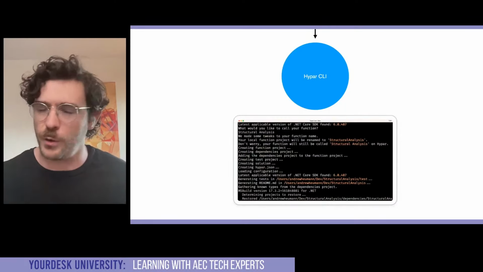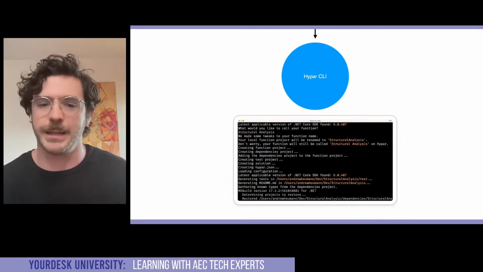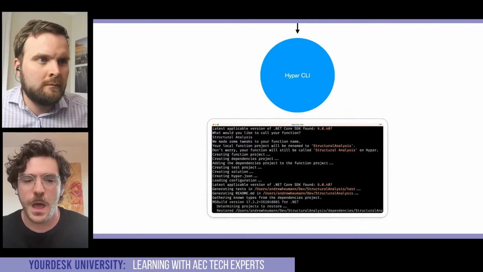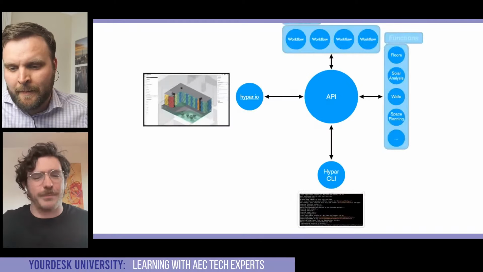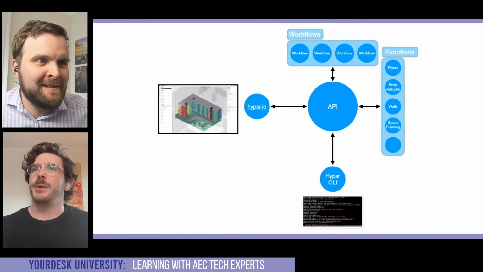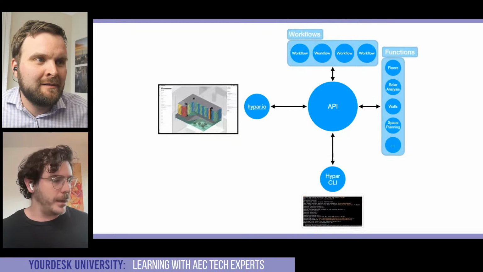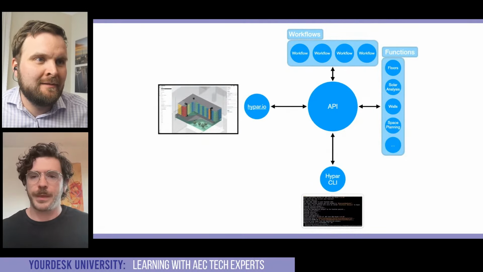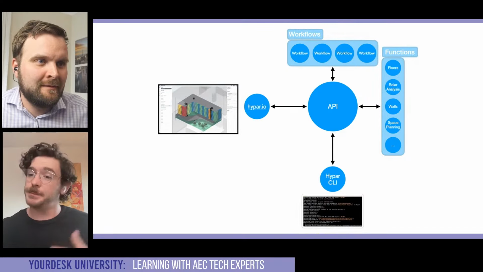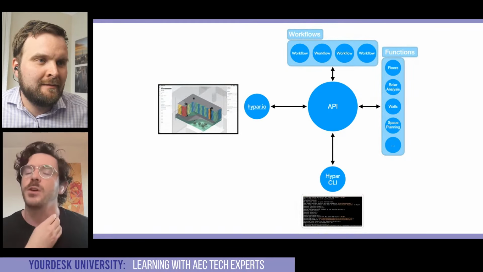It writes a bunch of code for you, and handles uploading that into Hypar's infrastructure so that it can be executed in the cloud. So this diagram is obviously a big oversimplification, but I think it's useful as a map of the big critical parts, as a way to contextualize some of the specific systems that we'll be talking about.